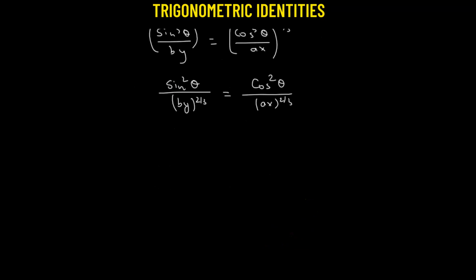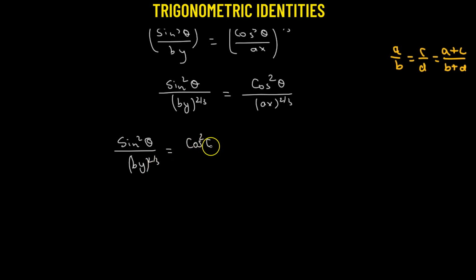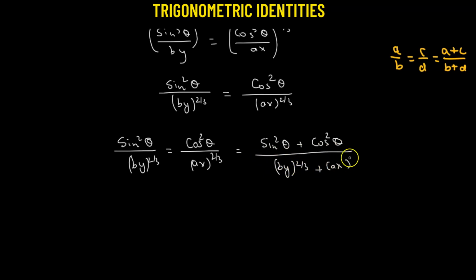Now there is a property of ratio and proportions that says that if we have a ratio A is to B equals another ratio C is to D, then this is equivalent to A plus C divided by B plus D. So we can use this property: sine squared theta over by raised to the power of 2/3 equals cosine squared theta divided by ax raised to the power of 2/3, which equals sine squared theta plus cosine squared theta, whole divided by by raised to the power of 2/3 plus ax raised to the power of 2/3.